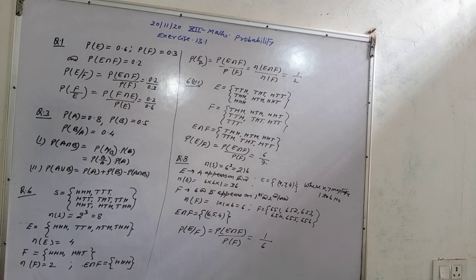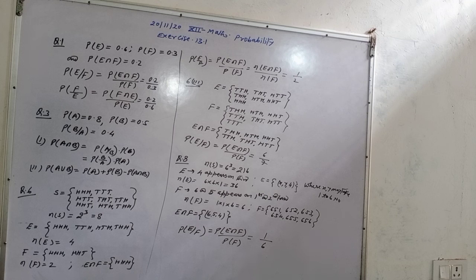So according to the statement, in event E, when the die shows 4 on the third throw, there will be 36 results out of 216. So you can write here E is equal to (x, y, 4). So x and y may take numbers 1 to 6. So in place of x there will be 6 options, in place of y 6, and 4 is fixed in the third, meaning 1. So 6 into 6 into 1. So you can write here the total number of results in E is 36.